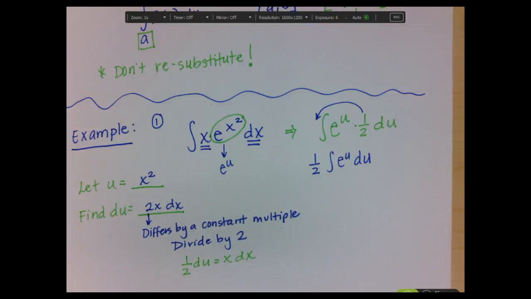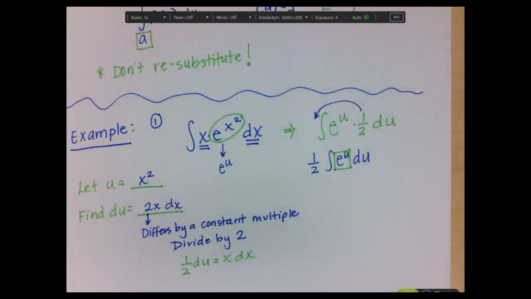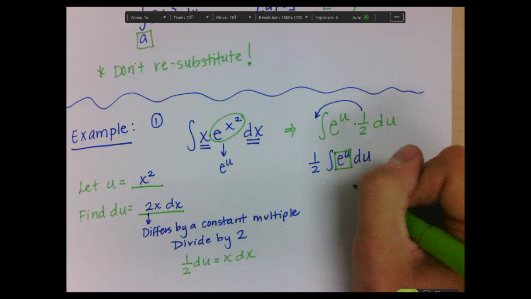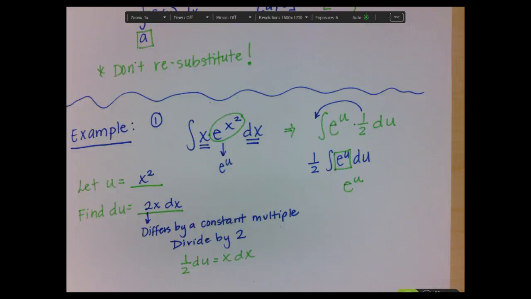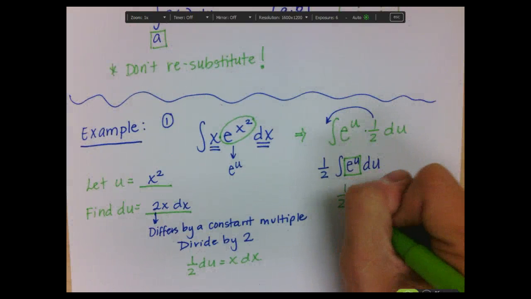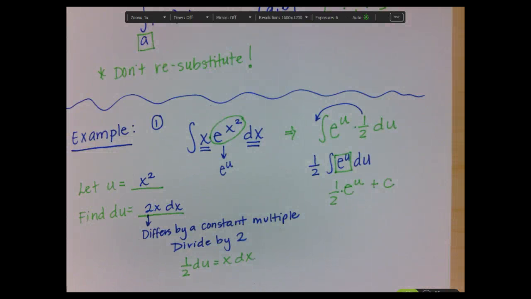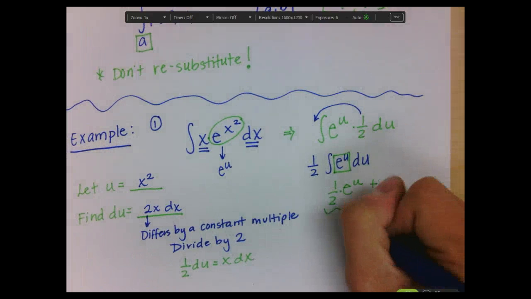This is one of the easiest integrations you can do, e to a power, because the derivative of it is itself, which means the antiderivative of it is also itself. So the antiderivative of e to the u is e to the u. Multiply it by your constant multiple. Add c. Alright, so this is the antiderivative with respect to u.